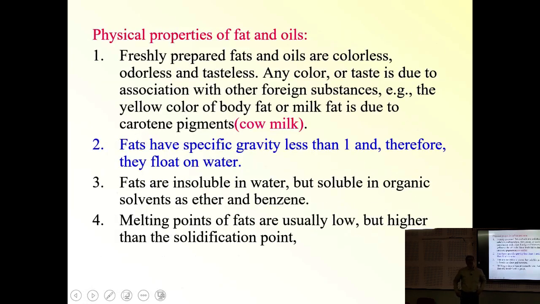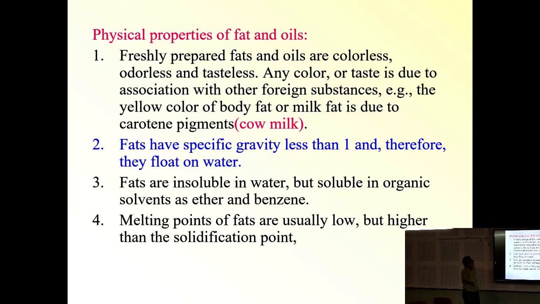Now, physical properties of fat and oil. Freshly prepared fat and oil are colorless, odorless, tasteless. But this is not universal. Certain oils are yellow in color because of pigments found in them during the extraction procedure.